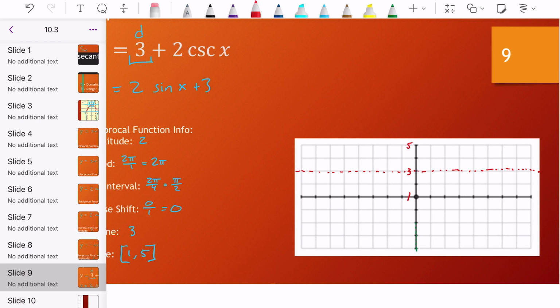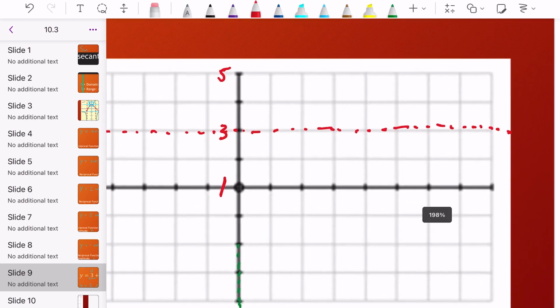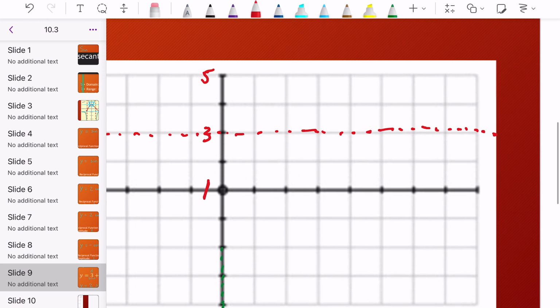Our subinterval is pi over 2, and we are starting off at the 0 mark, which means this would be pi over 2, 2 pi over 2, 3 pi over 2, 4 pi over 2.